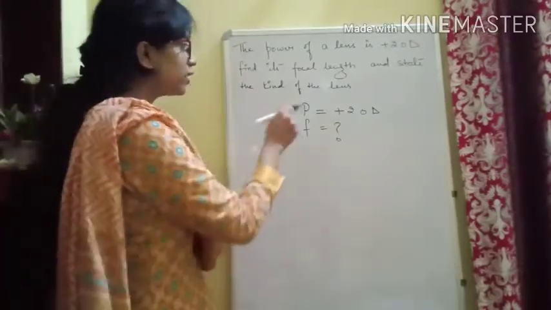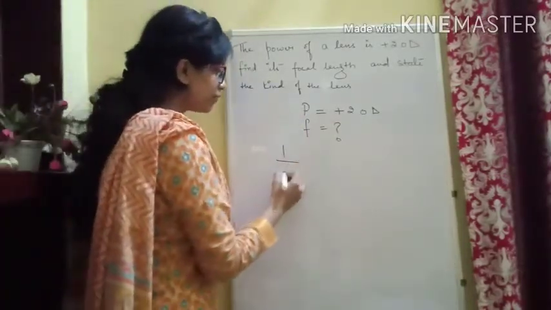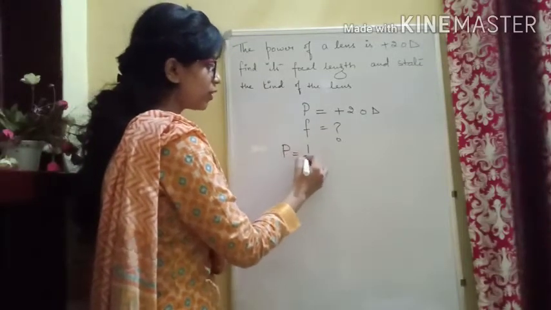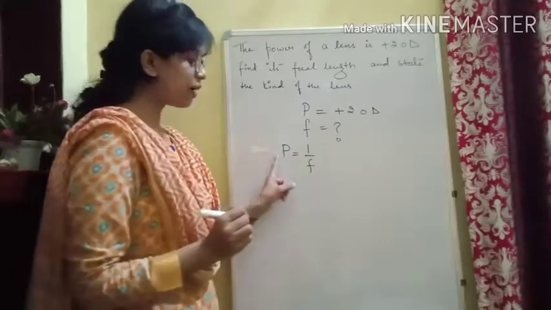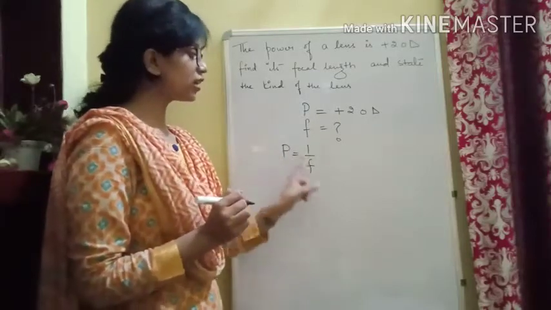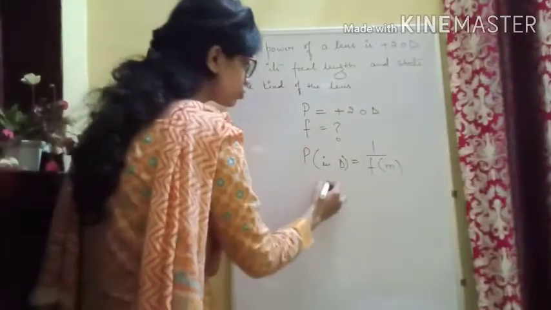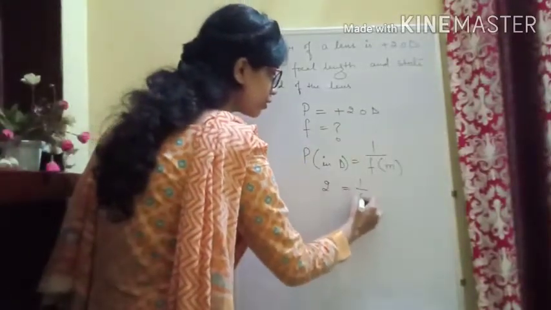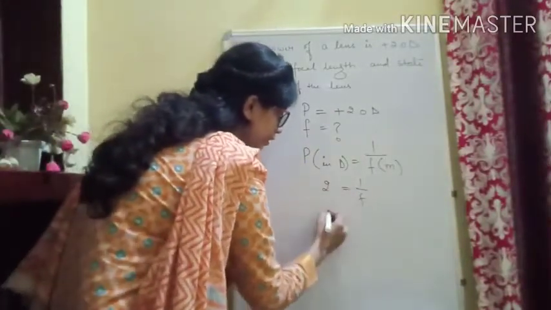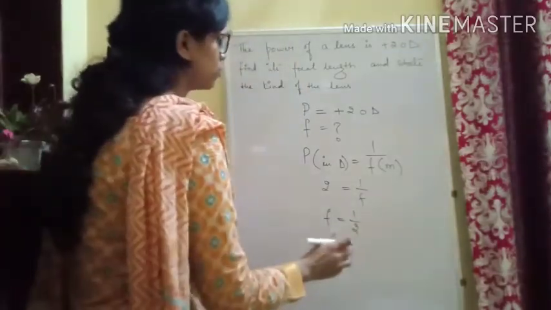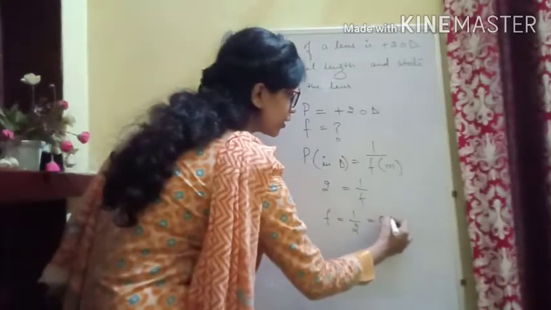If you know the relation, power when calculated in diopter is 1 upon f. When we calculate power in diopter, f should be in meter. So the power is given as 2 equals 1 upon f. So f will be 1 upon 2, or f will be 0.5.